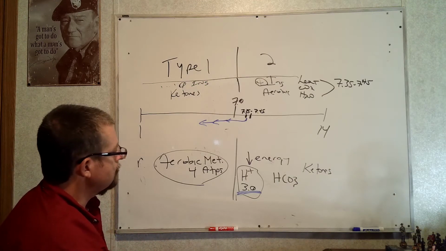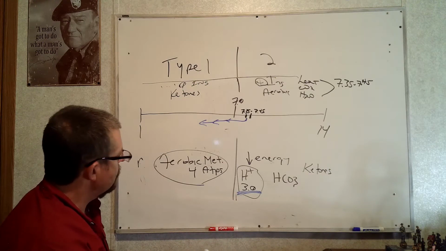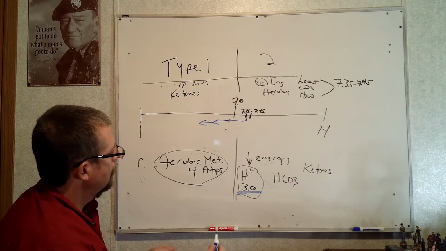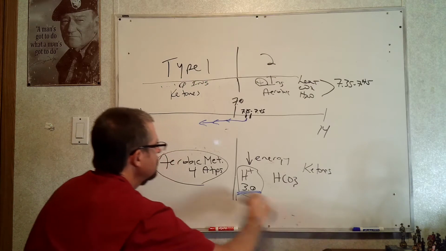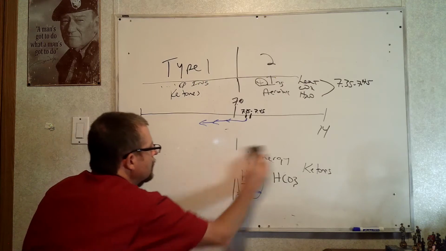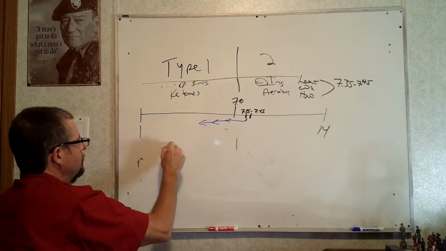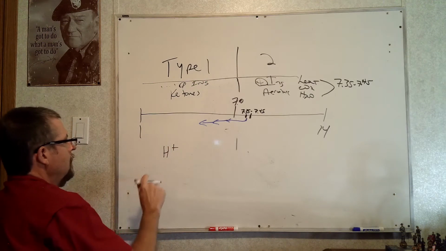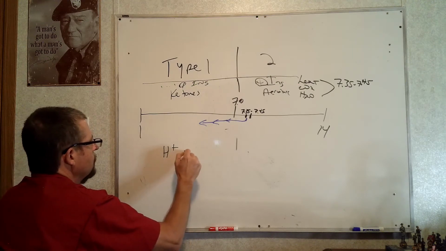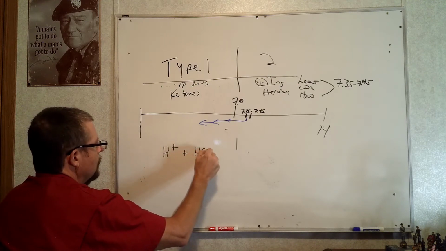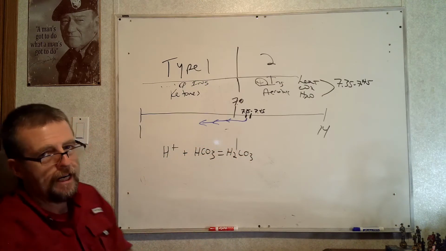So if you have hydrogen ions in the bloodstream, okay, and your kidneys are releasing bicarbonate, so plus HCO3, that's going to give you H2CO3, which is carbonic acid.